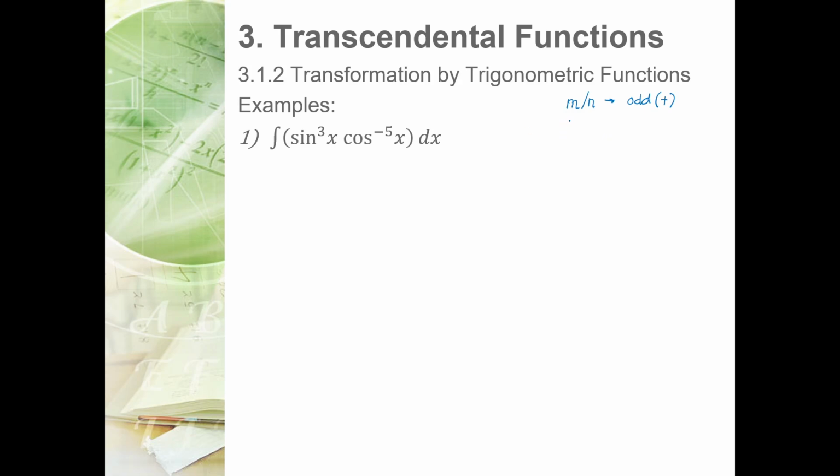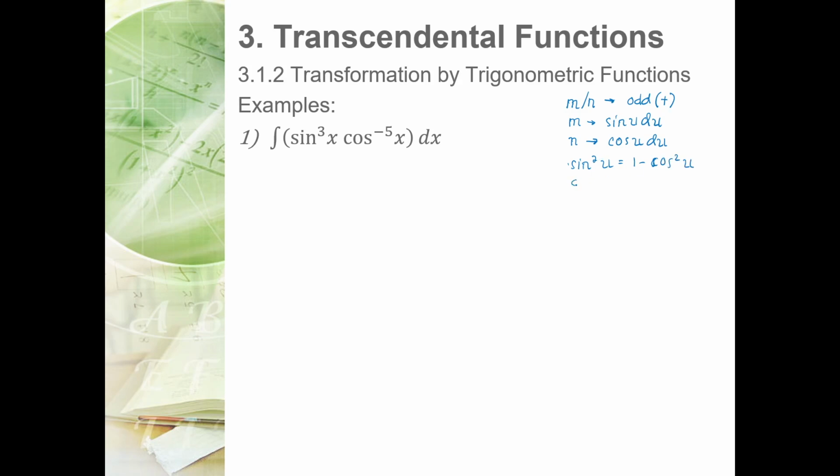Next, if m is odd, factor out sine u du. If n is odd, factor out cosine u du. If m is odd, apply sine squared u equals 1 minus cosine squared u.